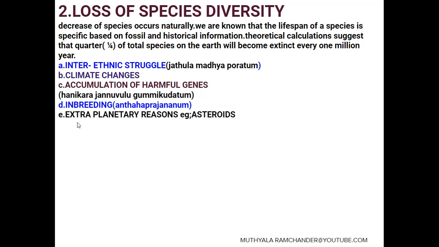And the fifth point about the loss of species diversity: extraplanetary reasons, like asteroids. If asteroids fall down and reach the earth surface, the living organisms on the earth surface are destroyed.